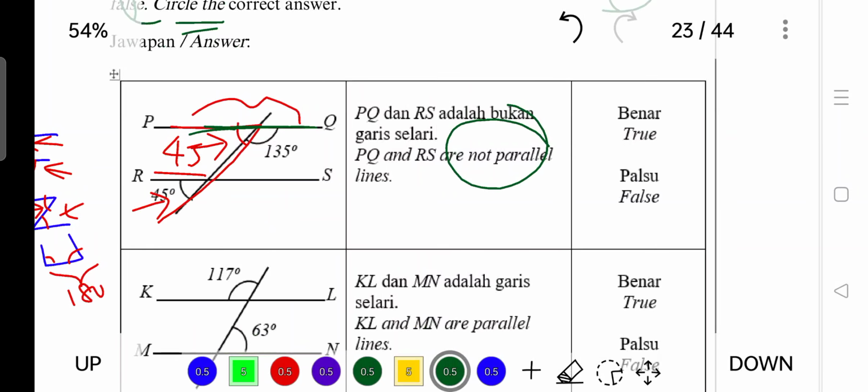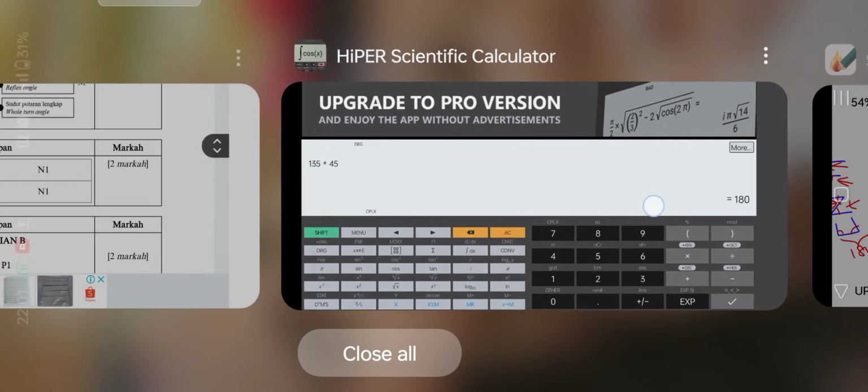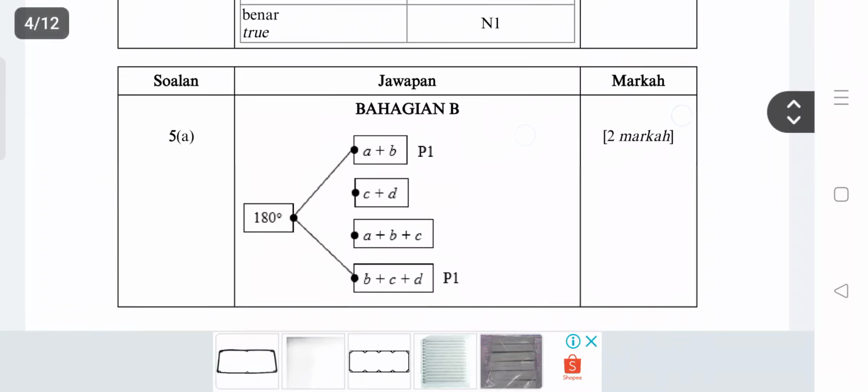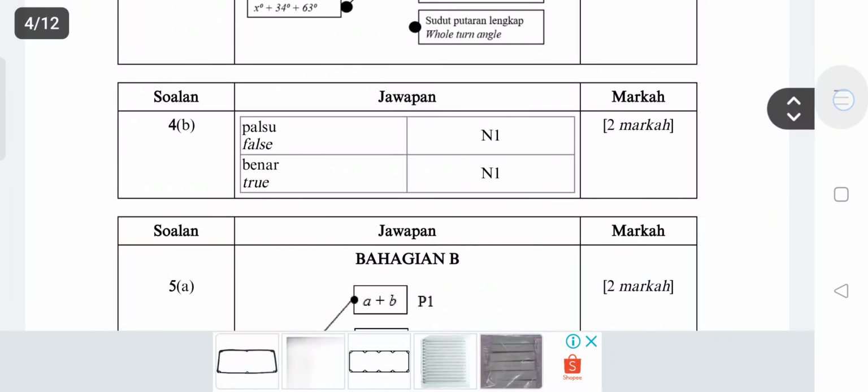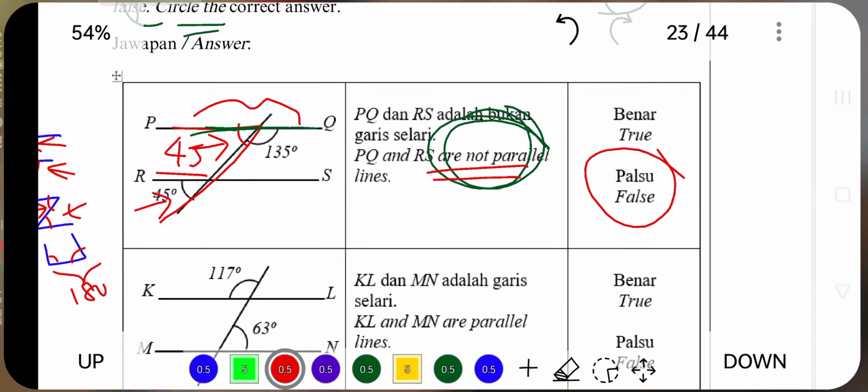So is this correct? They are not parallel. They are parallel. So this statement is wrong. This statement is wrong, right? Alright, we got it correctly.